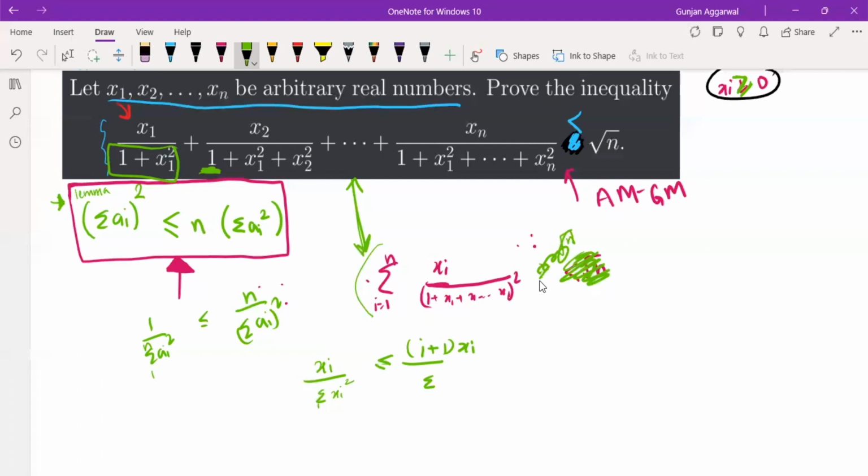Oh, fine. Then the denominator of the right-hand side. But this might be too weak, is what I'm thinking. Yeah, it might be. Plus, it's harder to deal with this now because you have i plus 1 in the numerator.